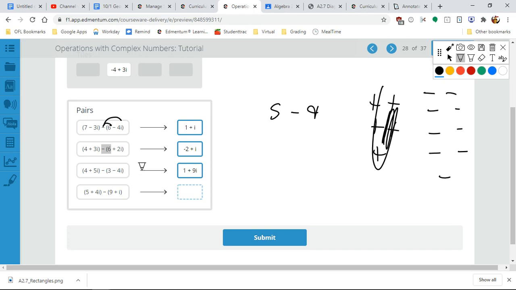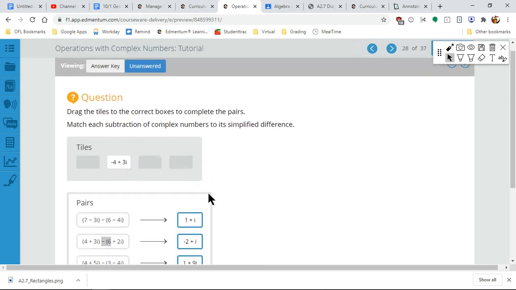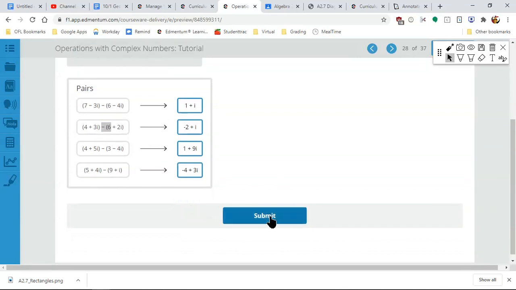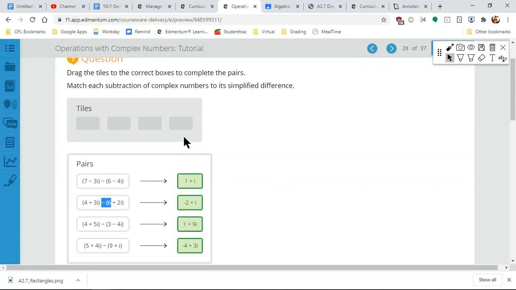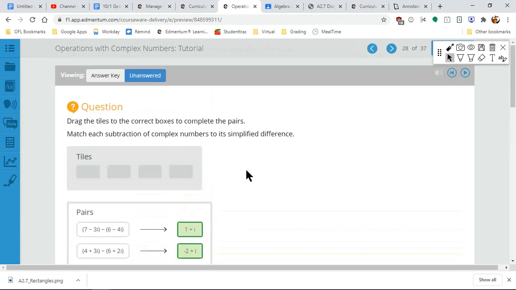So I know that my 5 negatives are going to cancel out with 5 negatives, so I'm left with 4 negatives. I know that was a little weird to go over, but just a reminder, if you guys are still having trouble with negatives, that's an easy way to think about it.